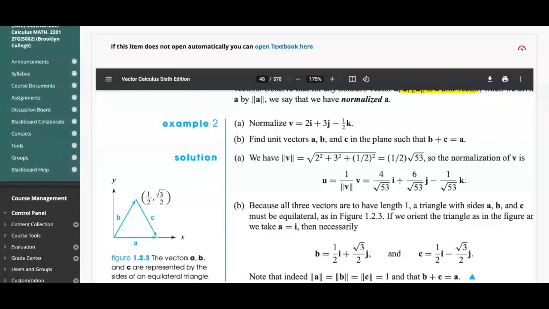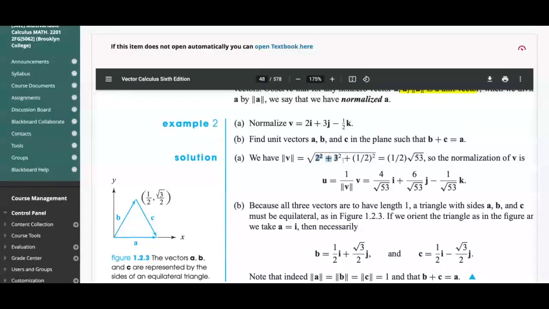Pythagorean theorem. In two space, we only have to apply Pythagorean theorem once. In three space, twice, right? You see here, the xy, so 2 squared plus 3 squared, we get the hypotenuse of the right triangle.